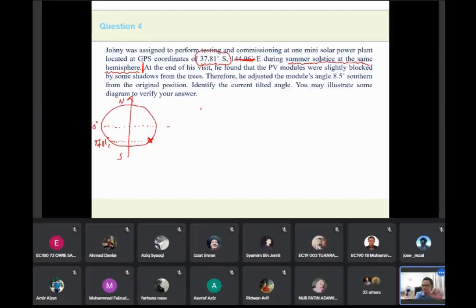Kenapa? Dah sebut, kena bertanggungjawab. Okey, kenapa kat bawah? Tak apa, spell out. Sebab? Tadi teruskan.